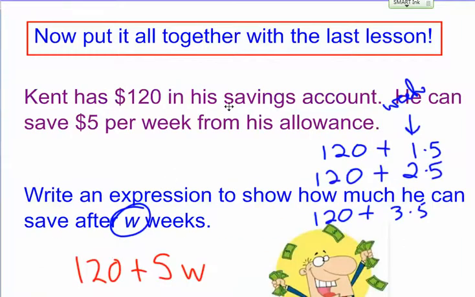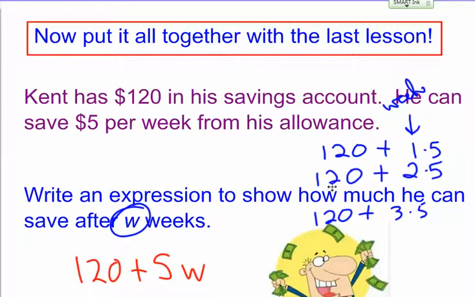All right, and then we put everything together with our last lesson, which was using variables to describe patterns. So Kent has $120 in his savings account. He can save $5 per week from his allowance. And I wanted you to write an expression to show how much money he can save after W weeks. So to find this, I said think about just using numbers rather than W first. So in 1 week, he'll have $120 plus 1 group of 5.